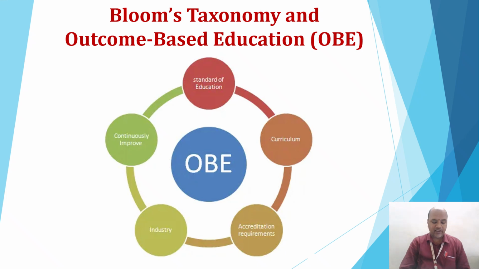Higher Bloom's levels indicate higher PO and PSO attainment. PSO, program specific outcome attainment. I will give an example of a course outcome. Students will be able to analyze financial statements for decision making. Here the level is analyzing.